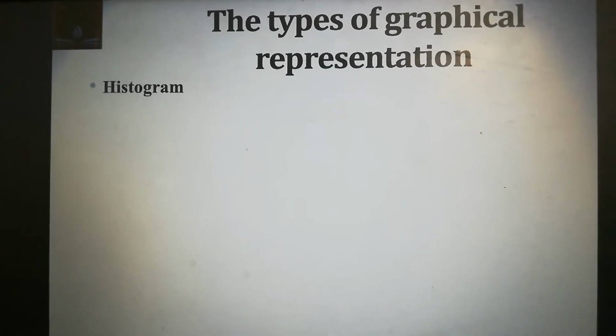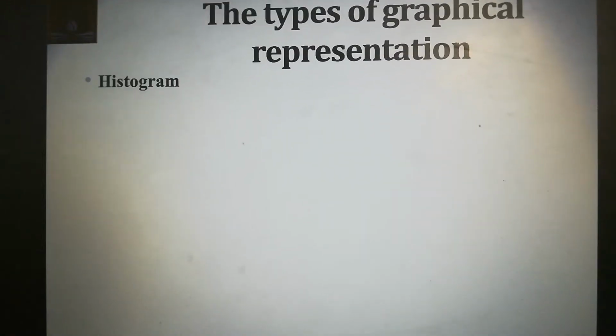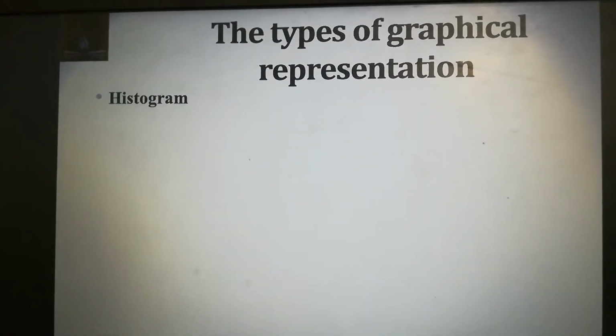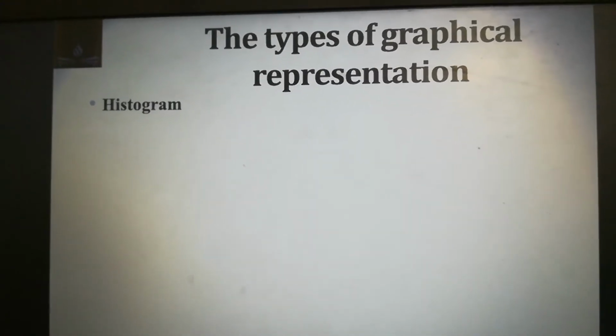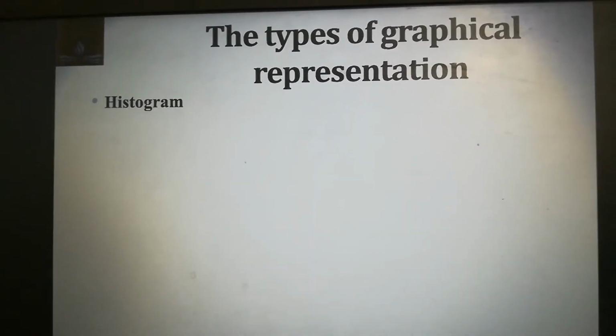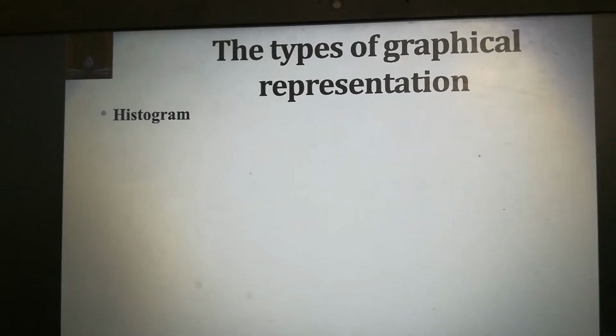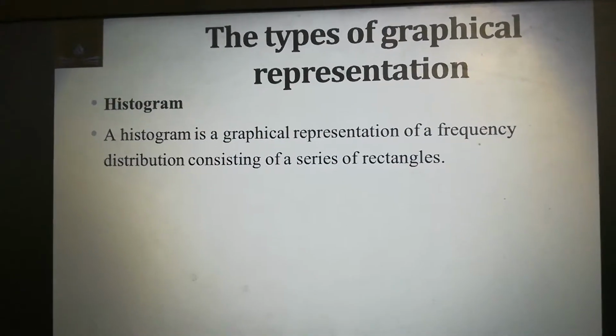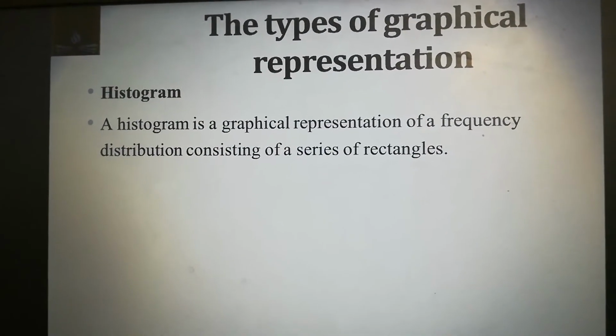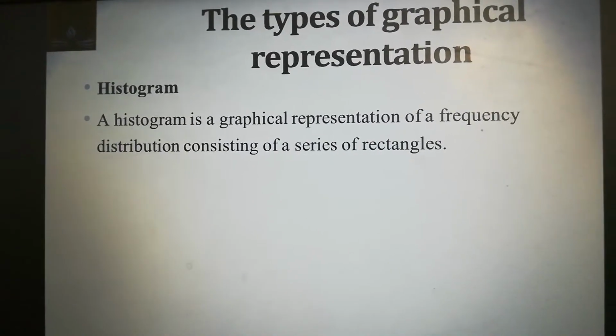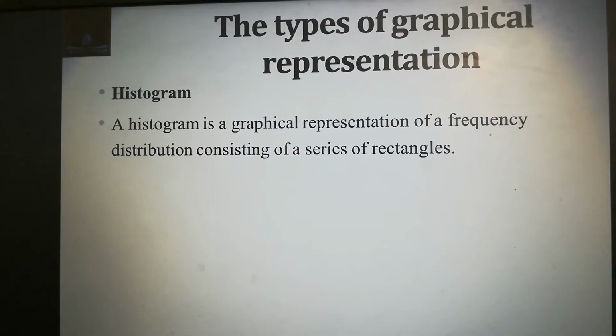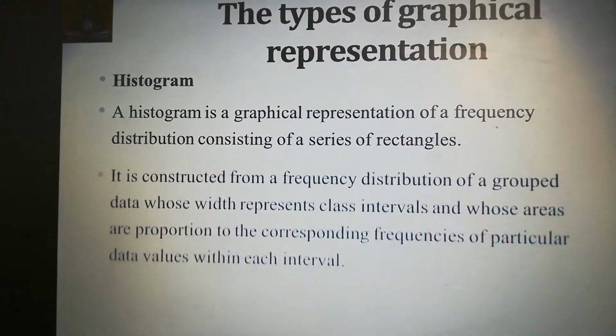In the previous session we have seen the bar diagram. More or less it is similar, but the histogram represents continuous data. The histogram is the graphical representation of a frequency distribution consisting of a series of rectangles.